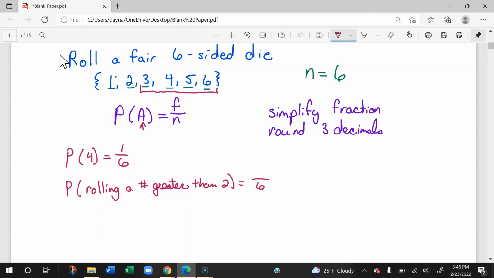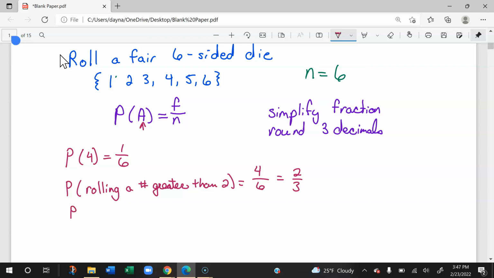So there are 4 of them, and so I would do 4/6, which would simplify into 2/3. So it's not just one of them, it could be 4, it could be 7, anything like that, okay?